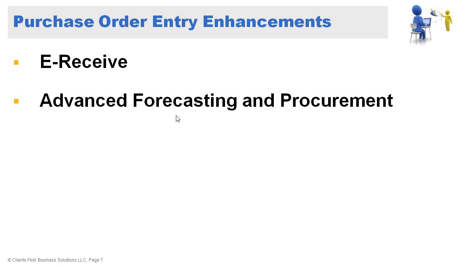Instead of utilizing the simplistic requisition worksheet, which uses static planning controls and parameters, advanced forecasting and procurement is a forecasting engine that considers historical usage down to the customer level and considers, by reforecasting the past, multiple formulas are tested to determine the best fitting formula based on the usage history for a product.